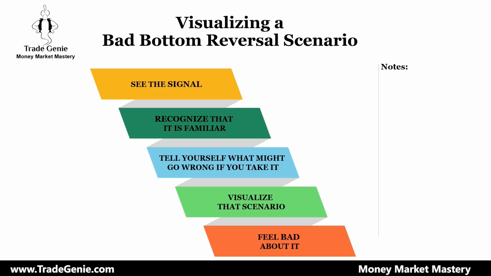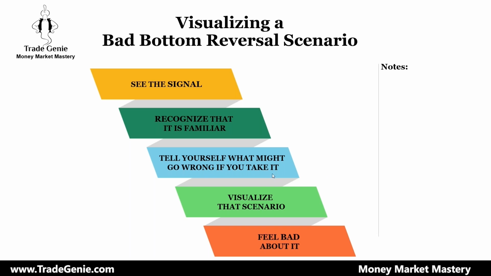But then you start telling yourself what can go wrong. This comes in your mind, and you say, "No, this gap down, I don't know." I wait, and then you ignore it, and then it just continues to fall apart. When you're telling what might go wrong, you start visualizing that scenario, how much money you will lose in that trade.